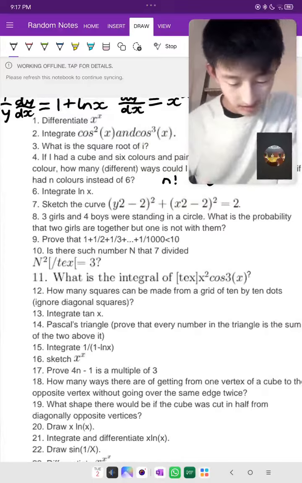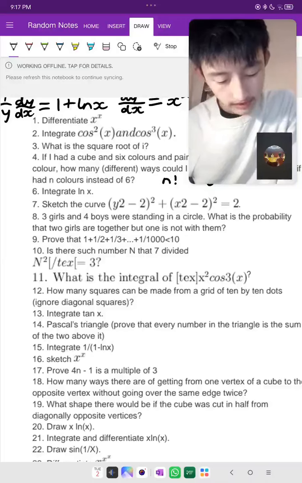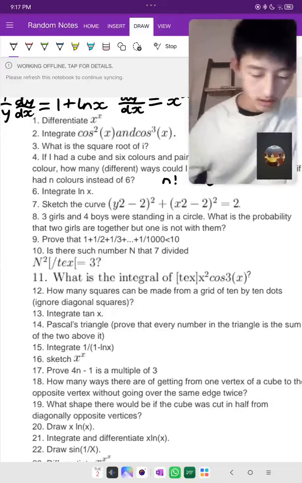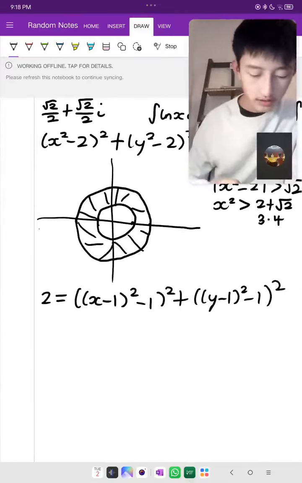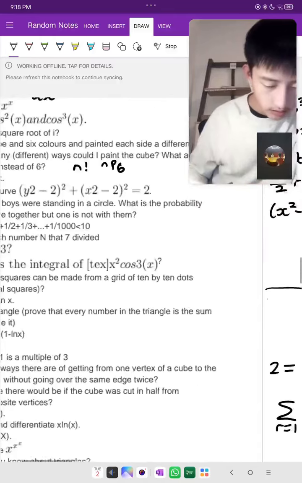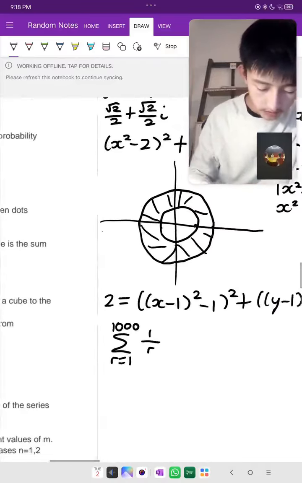Maybe? I don't know. Prove that 1 plus, so essentially the harmonic series up to 1,000 is less than 10. Okay, so we are looking for the sum from r equals 1 up to 1,000 of 1 over r.